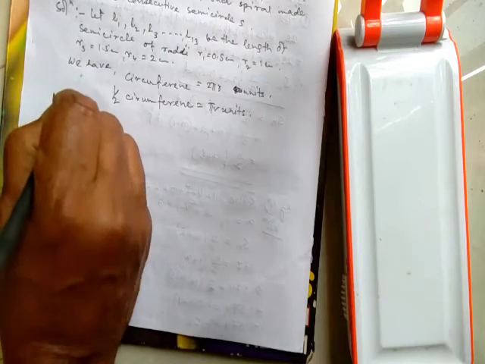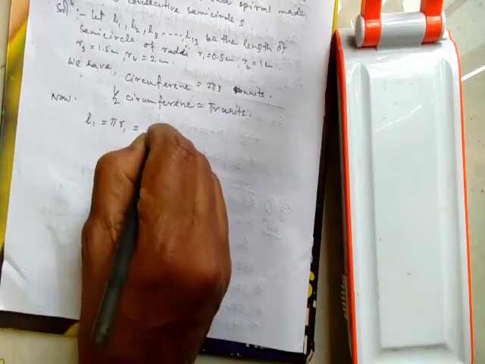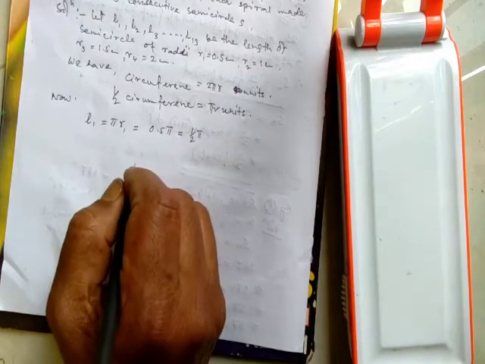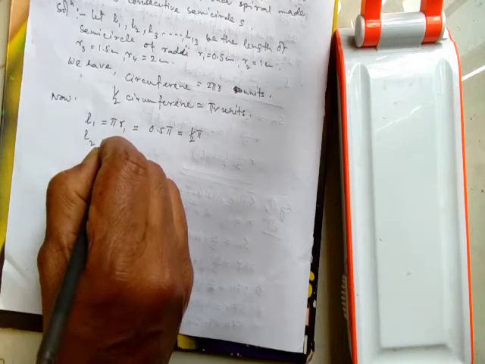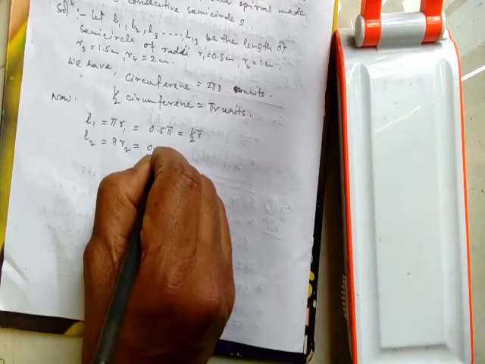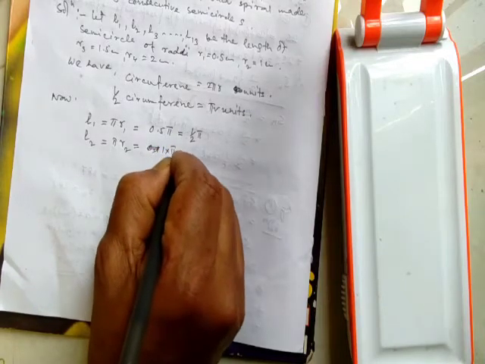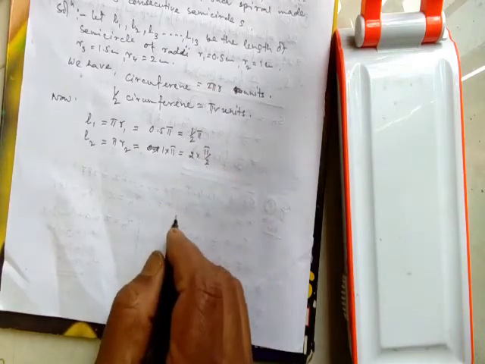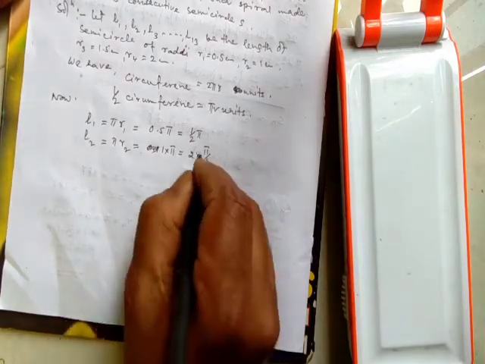Now L1 is equal to pi r1, which is equal to 0.5 pi. This I can write as half of pi, since 0.5 means half. Length 2 is equal to pi r2, which is equal to 1 into pi, which is 2 into half pi.